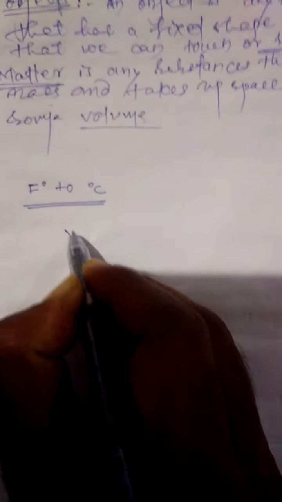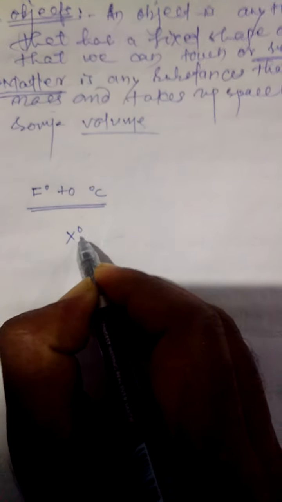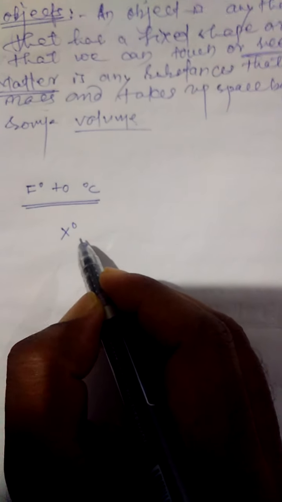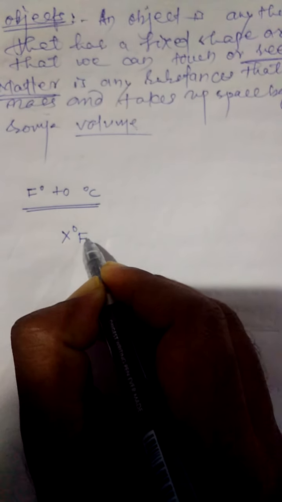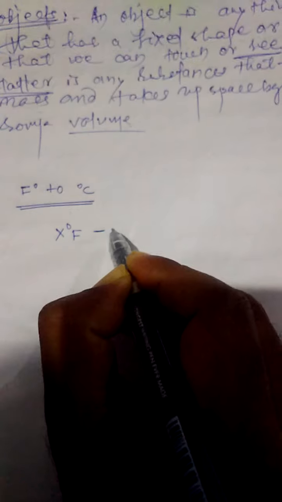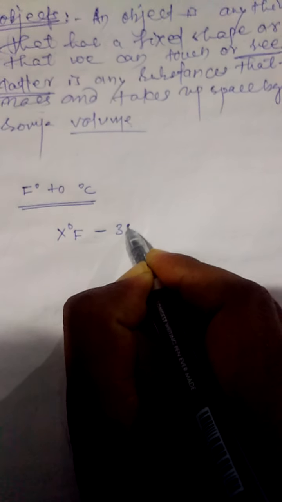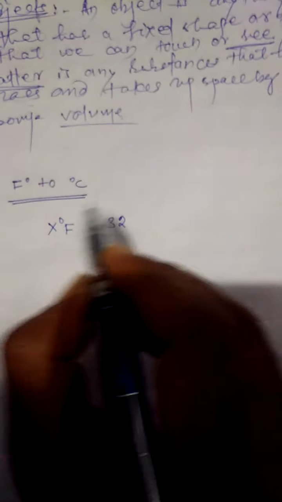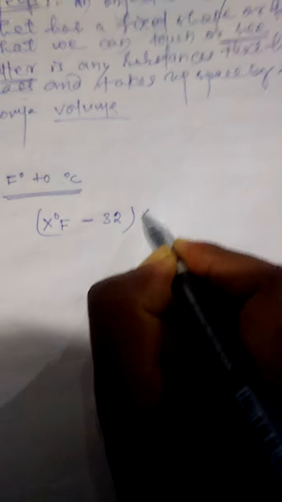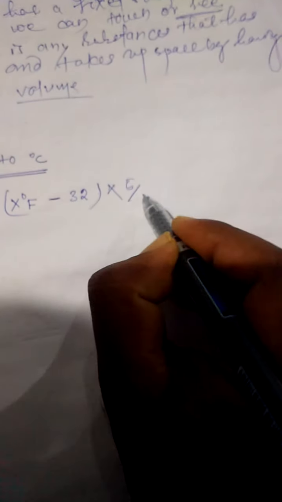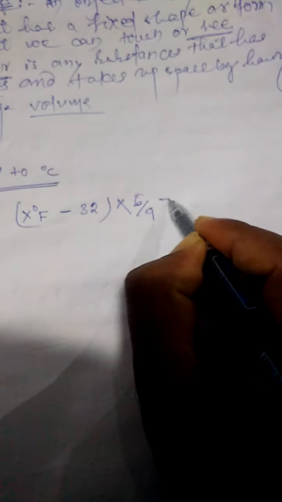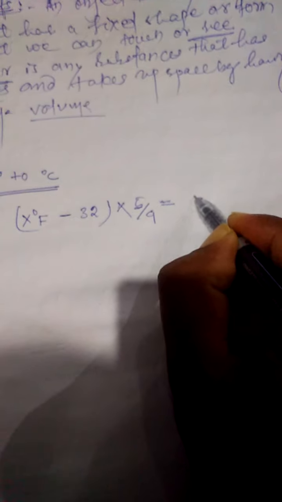Suppose x is the degree of Fahrenheit. That x is subtracted with the number 32, and the whole is multiplied by 5 by 9. This gives us degree Celsius. So this number is multiplied with 5 by 9.